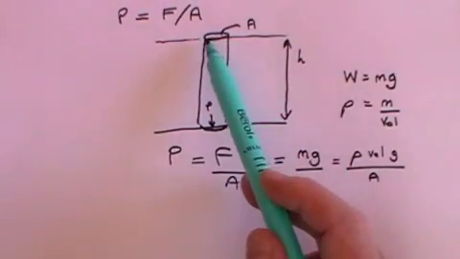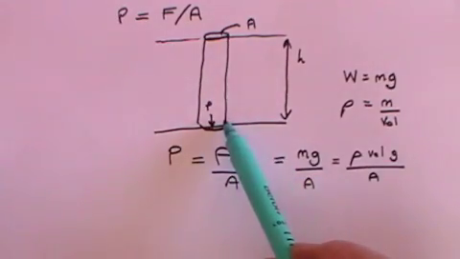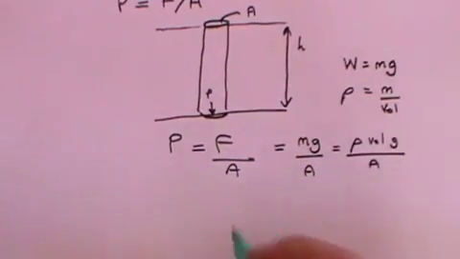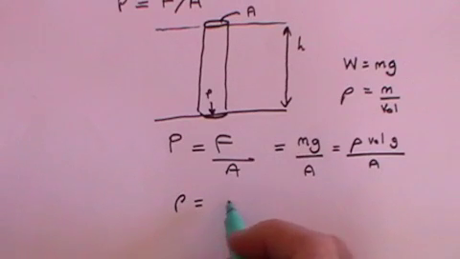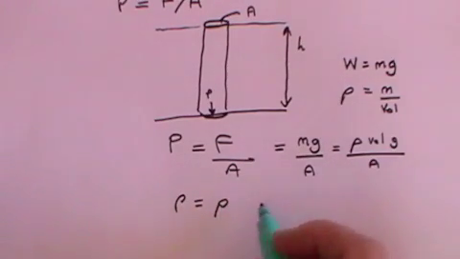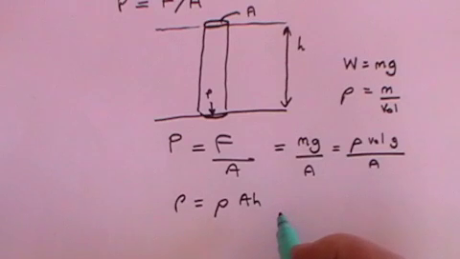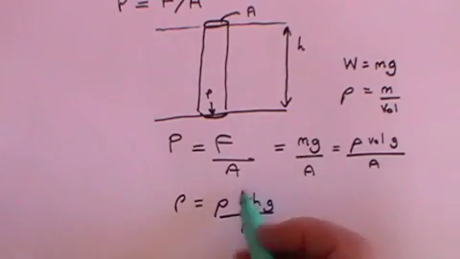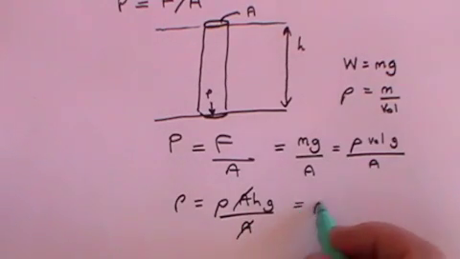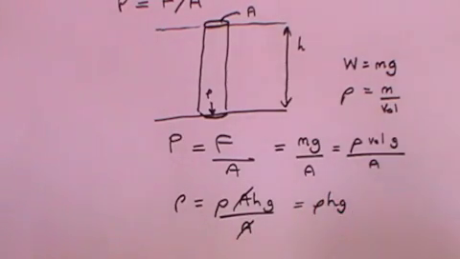Well, the volume of the cylinder is simply the area times the height, so Ah. And so the pressure is equal to rho times Ah, which is the volume, times g divided by A, and the A's cancel, and that gives you rho hg.